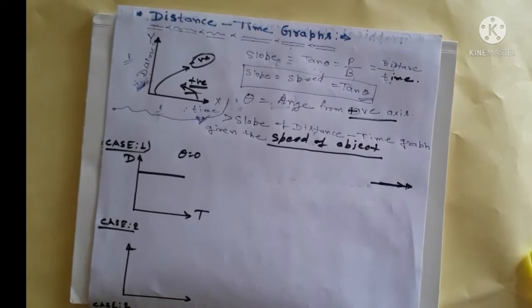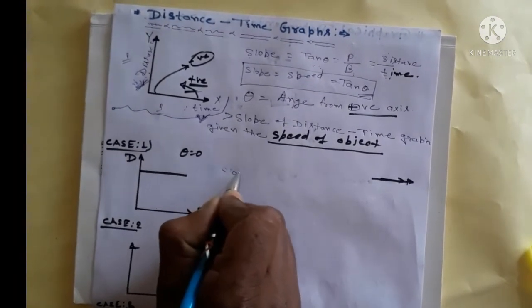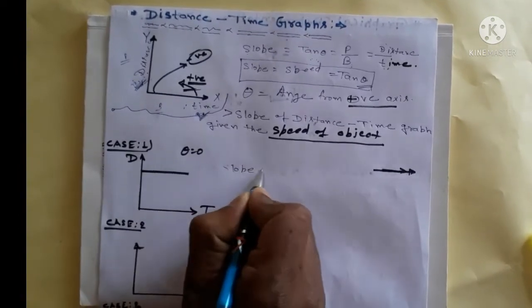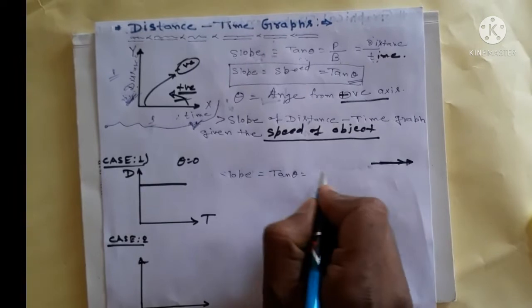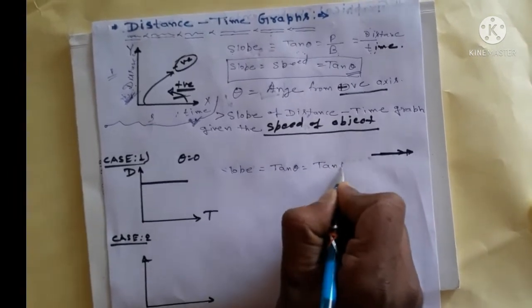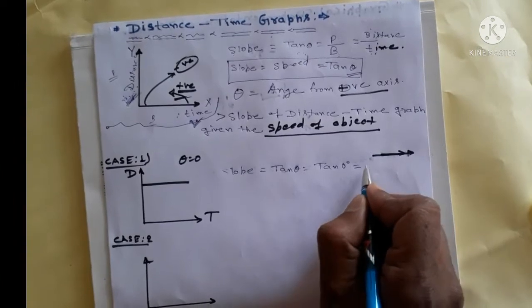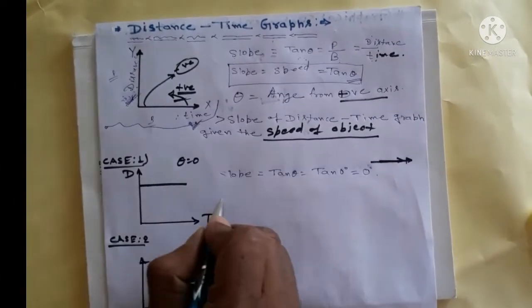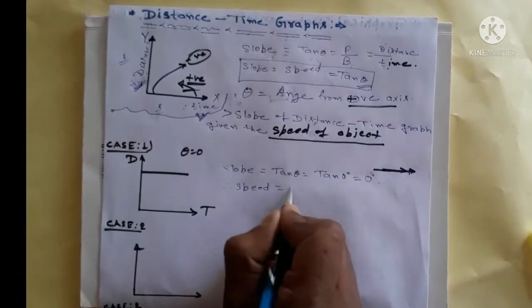So slope of the distance time graph is equal to tan theta is equal to tan 0 degrees, the value of tan 0 degrees is 0. So speed is equal to 0.